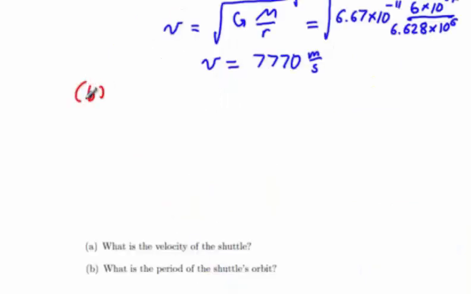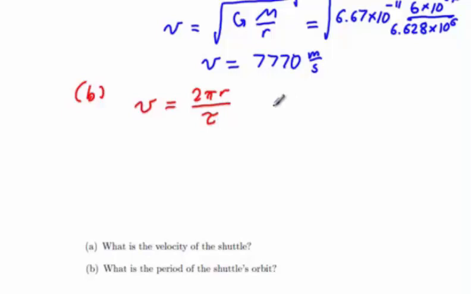For part B, we've been asked what is the period of the shuttle's orbit. Period is the amount of time that it takes to make an orbit, and this is very easily related to the velocity, because velocity is always distance over time. What I claim is that every orbiting object goes a distance of 2 pi times the radius in an amount of time which is equal to the period.